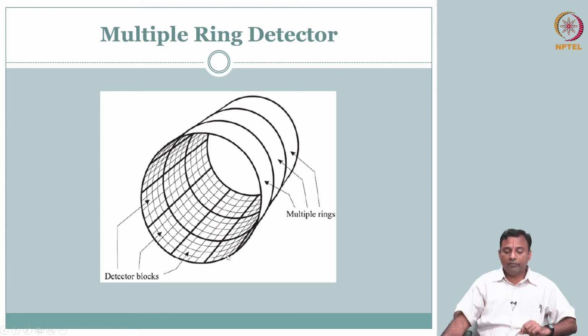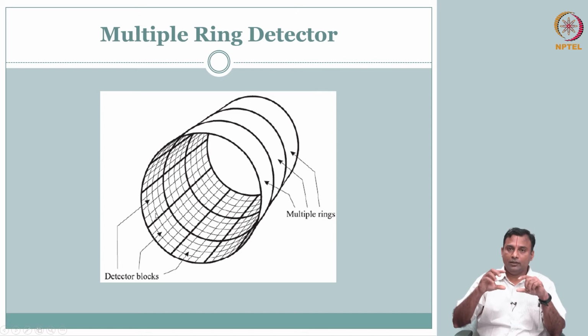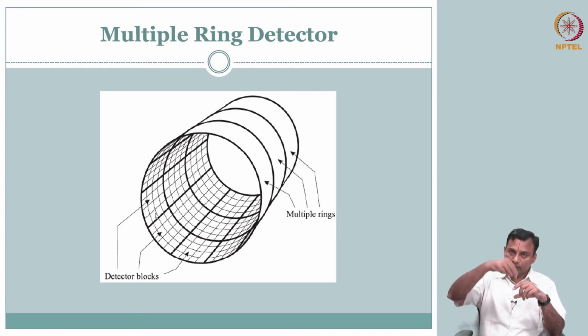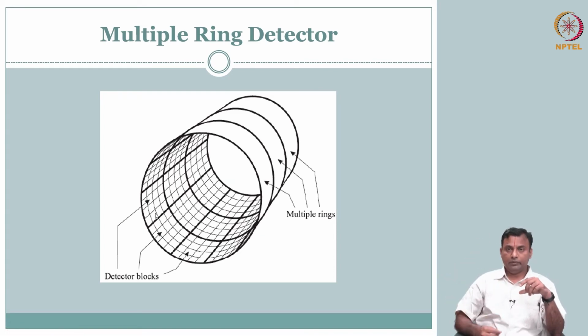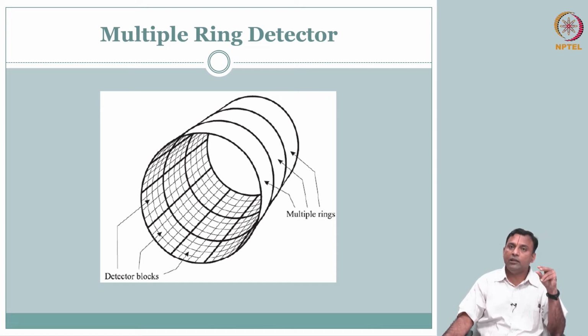So what they have done is, they have used a block. This one block is one crystal, and in the example shown it has 4 photomultiplier tubes, and therefore what is nice is, you are still able to localize within that crystal. So you can get good signal to noise ratio and better resolution, because you are able to correct for your x comma y, and you have several blocks.